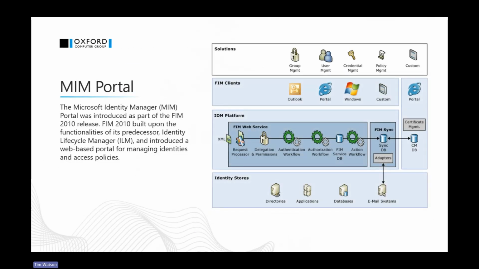So since it is Thursday, it's a little bit of a throwback Thursday picture here. If anyone in the identity space worked with FIM, MIM, MIS, ILM, they remember when the FIM portal came out with this really cool diagram. It looked really modern. Everyone was really excited. We could do all this new stuff. We had this archaic console, seemingly, with MIS, ILM.